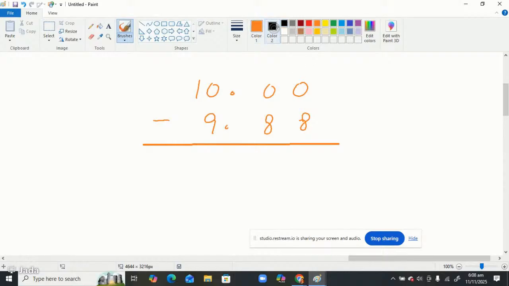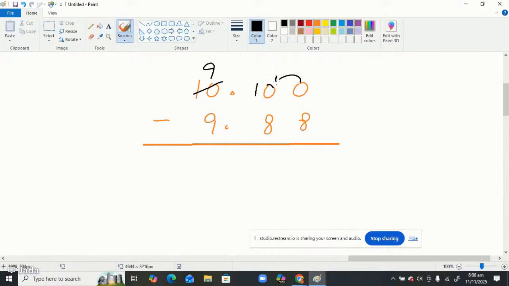So first of all, you guys tell me, is 0 minus 8 possible? No, we borrow. And this is also 0, so we also borrow from the next. This is also 0, this is 10. This becomes 9 because this becomes 10.